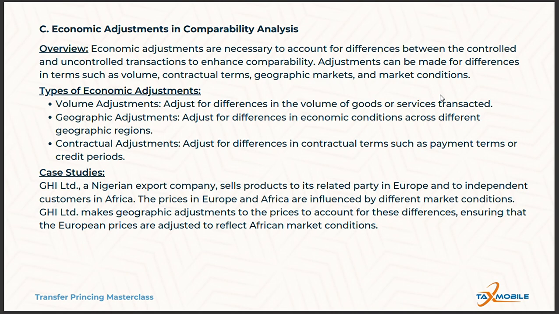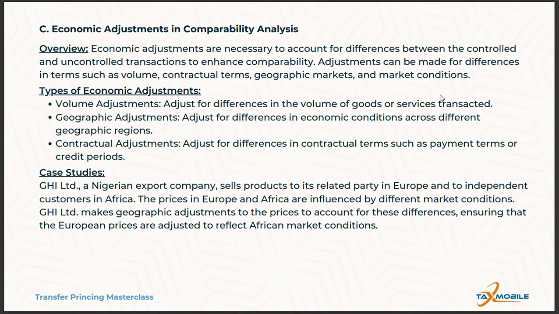So the common adjustment which is usually done is volume adjustment, if the controlled transaction involves a higher volume than the comparable. The price might need to be adjusted for economies of scale. For example, a bulk sale might receive a discount, while smaller quantities may be priced higher per unit.